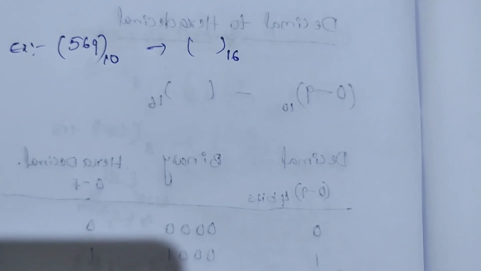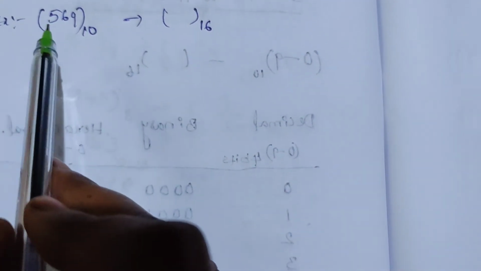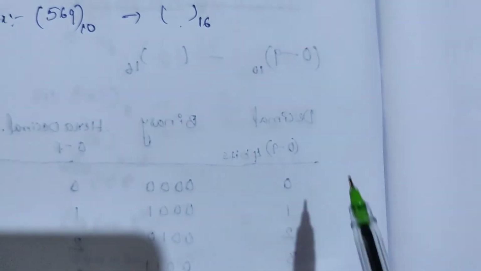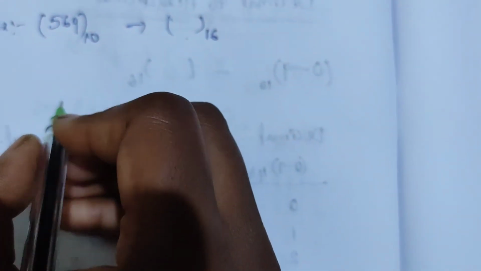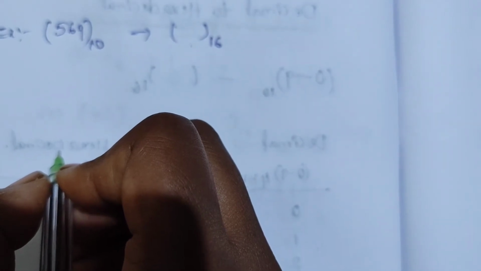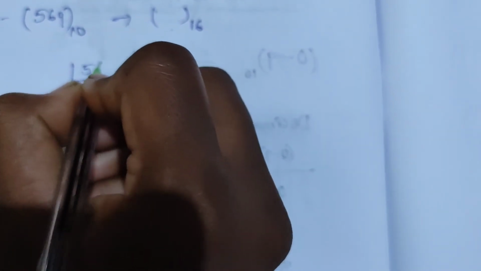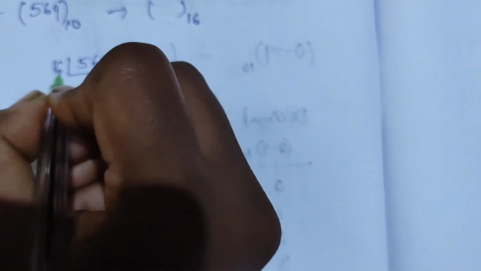So now let us take an example. 569, how it is converted to hexadecimal. For that, the same procedure you have done for decimal to octal conversion. So divide the decimal with the base of hexadecimal.